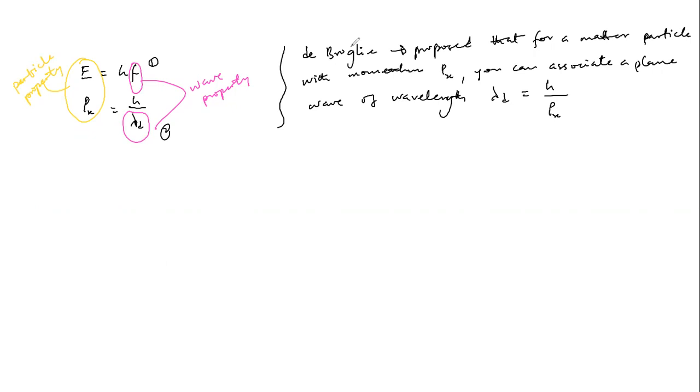Now, this equation predicts that the de Broglie wavelength of a matter wave is associated with the motion of a material particle with momentum p sub x.